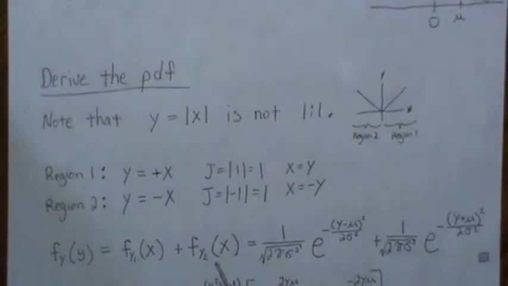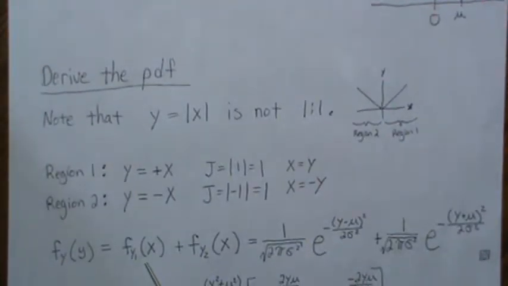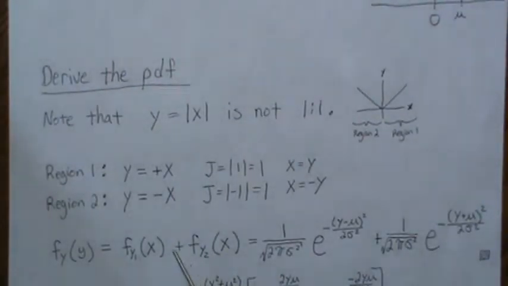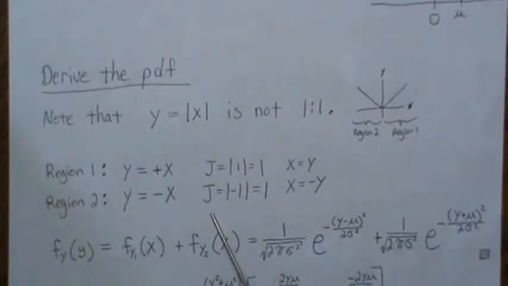So looking at this piece here, f of y is f of x over region 1, where you plug in x here. Technically, I should say times the absolute value of the Jacobian, which is 1, but I forgot to write it, but it doesn't matter. And then this is over region 2, so we add the function over region 2.